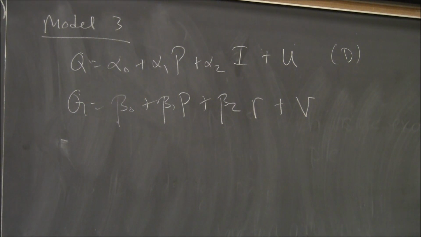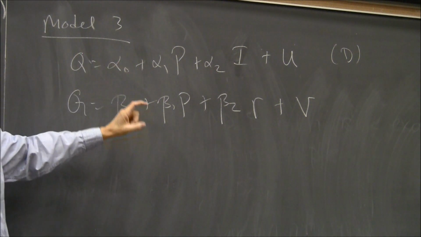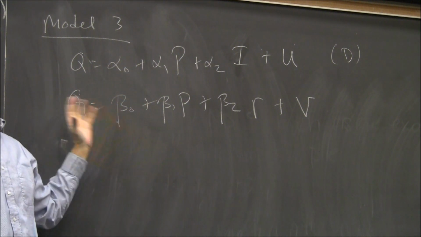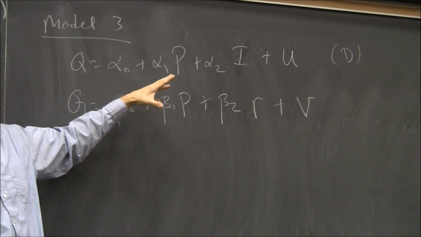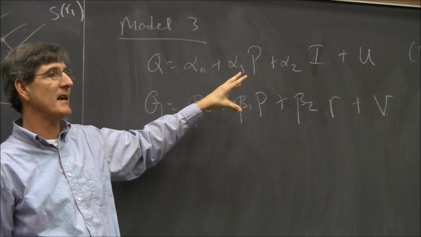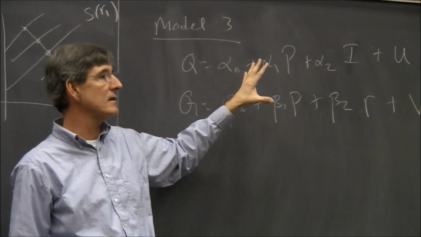The way we check identification, and you can do this better with linear algebra by setting this up as a system, but we're not going to do that, is we find the reduced form equations, imagine estimating those, and then see if we can recover the structural parameters. If we can, it's identified. If we can't, it's not.